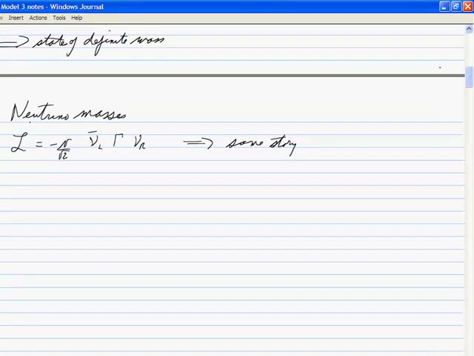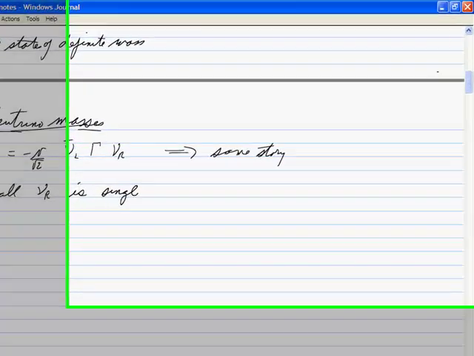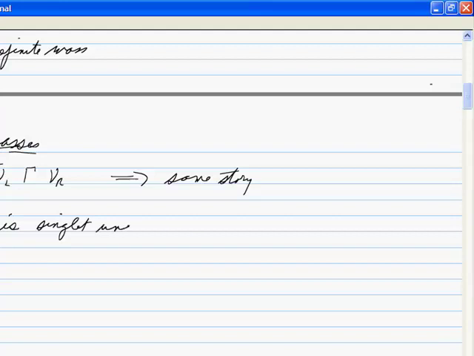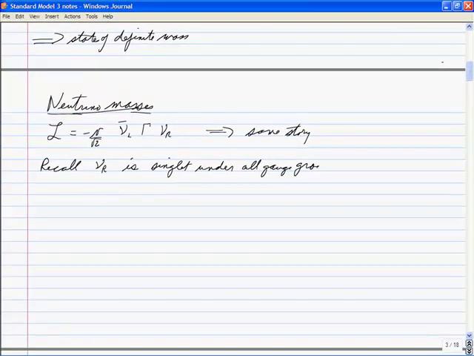However, there's something else that you can do with neutrinos. Okay? But there's that the neutrino right is a singlet under all the gauge groups. Okay. So that says if we form a Majorana mass, it works out okay.